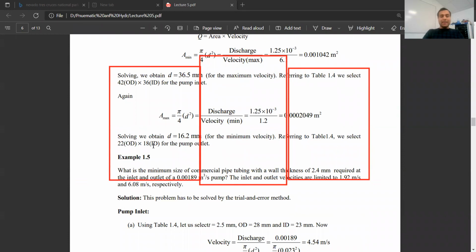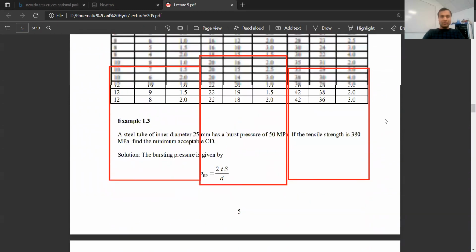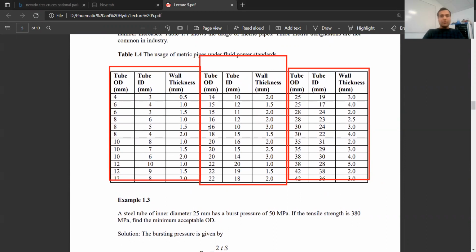Let's say the inner dia is 18, and we can have a look, the outer dia is 22. But the diameter here is 16.2. So obviously, if I have an outer diameter of 16, the inner diameter has to be 10.